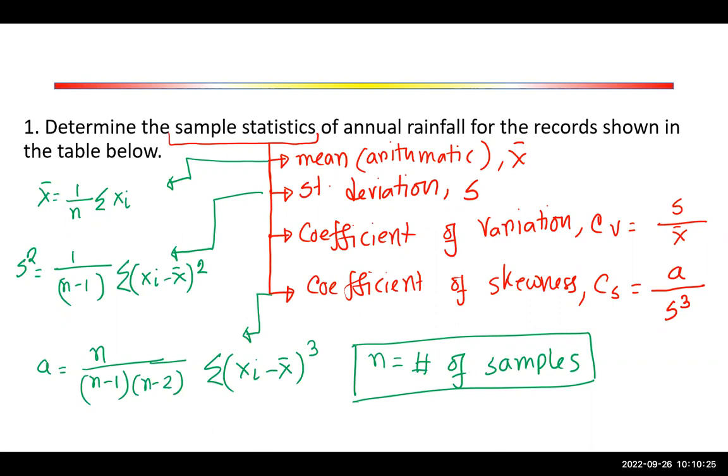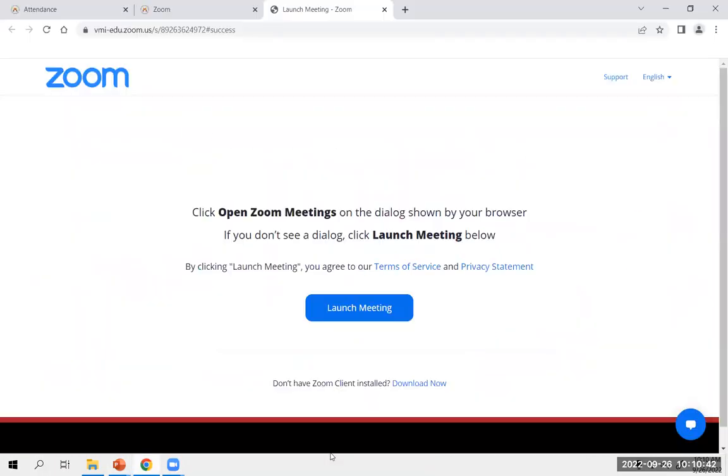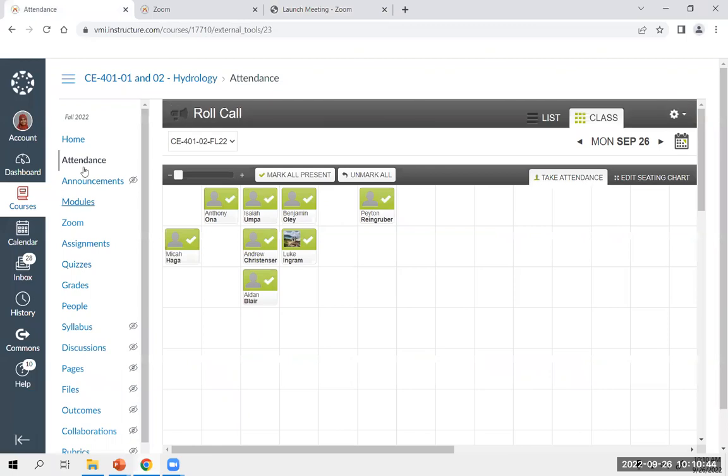Well, so number 1 says the sample statistics for the table below, but there's no table, because I didn't add the table there. But if you go through Canvas here, the main practice problem, you will actually see the table here.